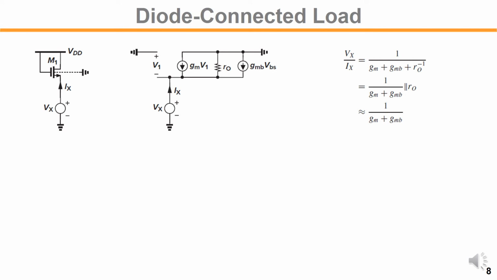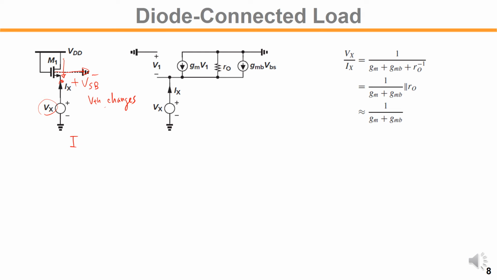So now let's take a look at the effect from the back bias. Typically in this configuration, we tie the body to ground. In that case, whenever you change the source node voltage, then VSB changes, resulting in some current variation by the VTH modulation, right?